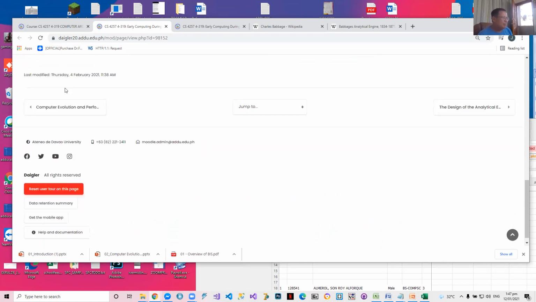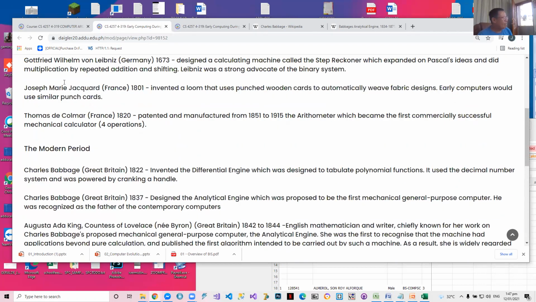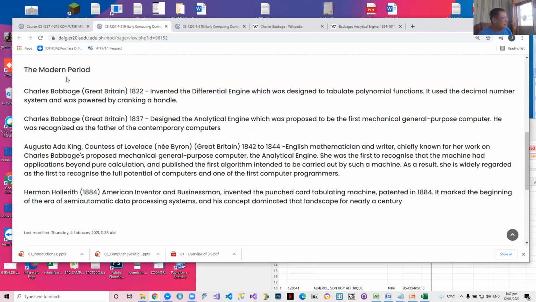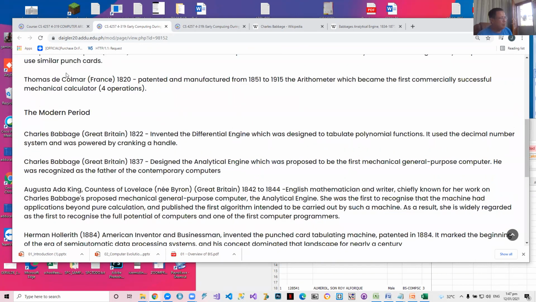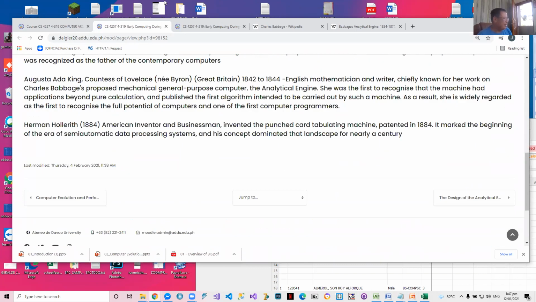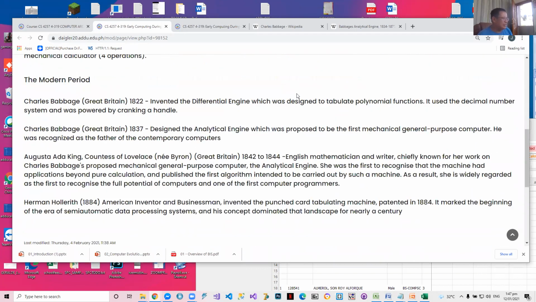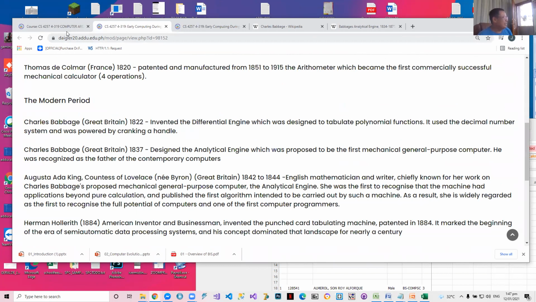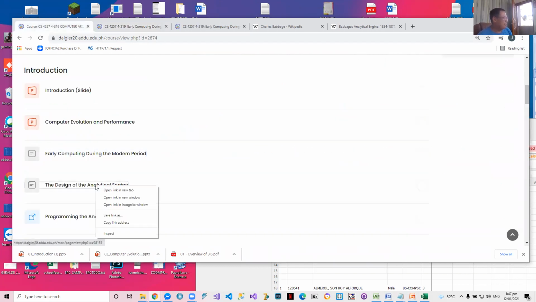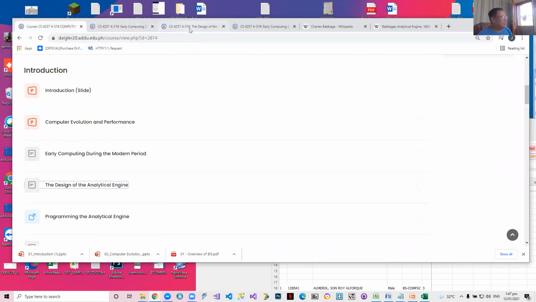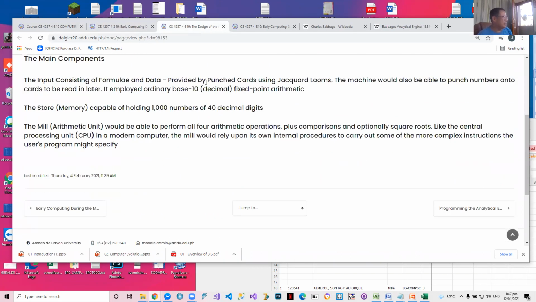Meron nang kuryente. Telephone, not yet there. Early 1900s, 18th century. Now, if you would like to study the evolution, let's look at the analytical engine.